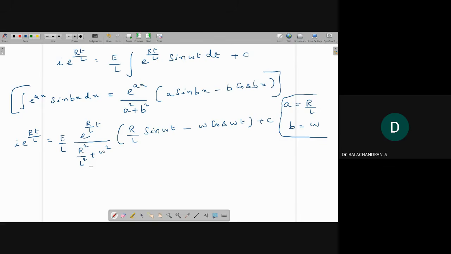Now the remaining part is simplification.